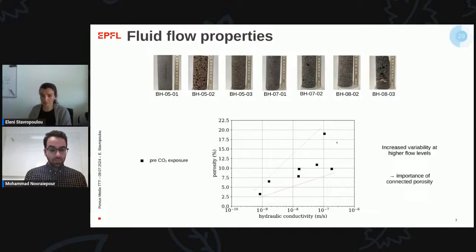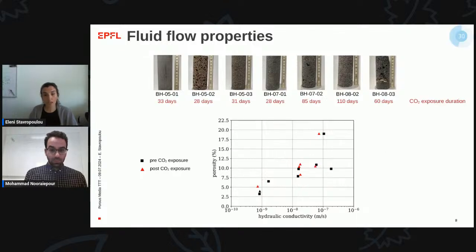You can see there is increasing variability for higher levels of conductivity, which means that, for example, we have similar conductivities for completely different porosity levels. And this is a first hint that what really matters is the connected porosity and not the total porosity of this material.